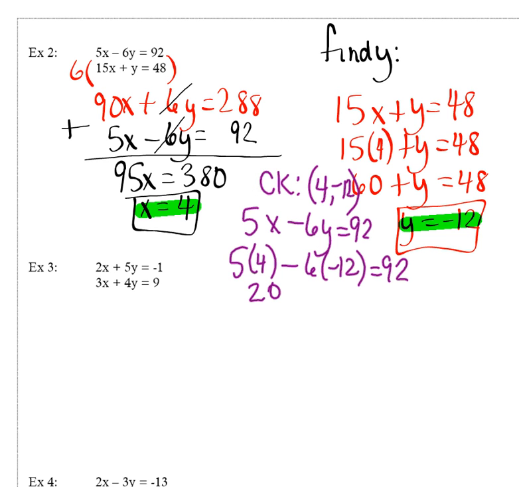Negative times a negative is a positive. 92 equals 92. That checks.